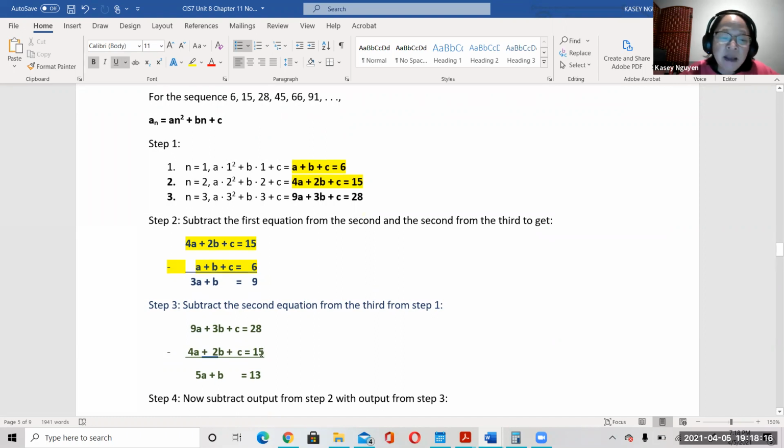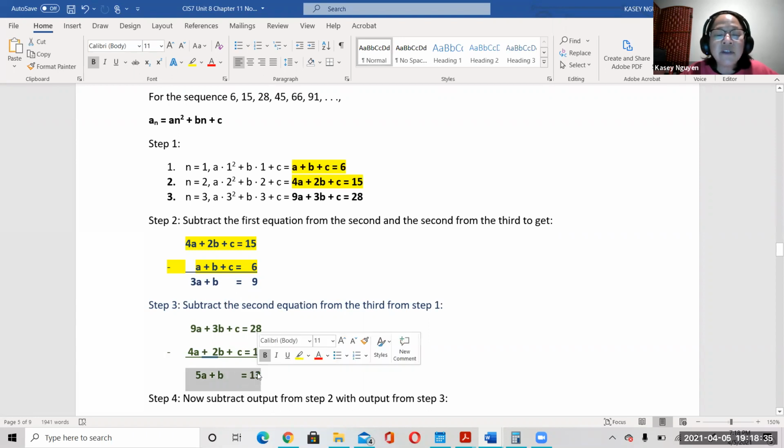So 28 minus 15 gives me 13. C minus C gives me 0. 3B minus 2B gives me 1B. 9A minus 4A gives me 5A. So again, the first level of difference between the second and the third equation is 5A plus B equal 13.